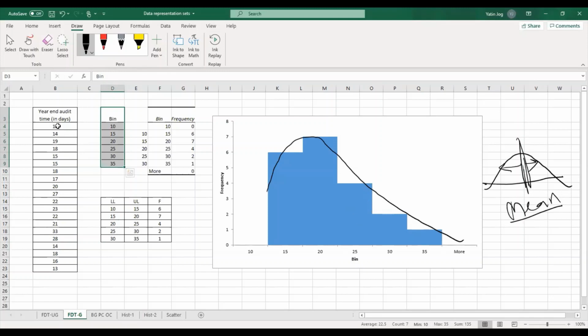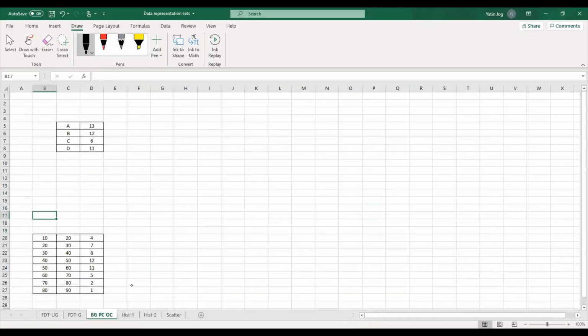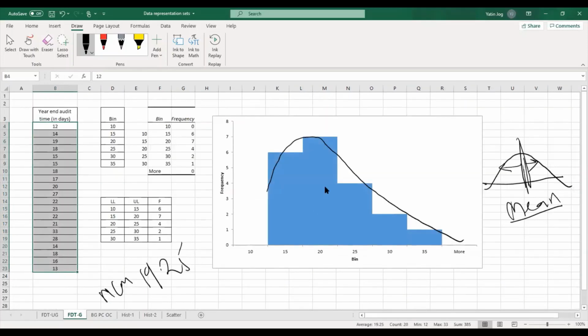Now in this case, what is the mean value of this data set? If you look at the average value, it is 19.25. This is the mean value for this data set. Where I can plot 19.25, somewhere here. So this point becomes my mean.